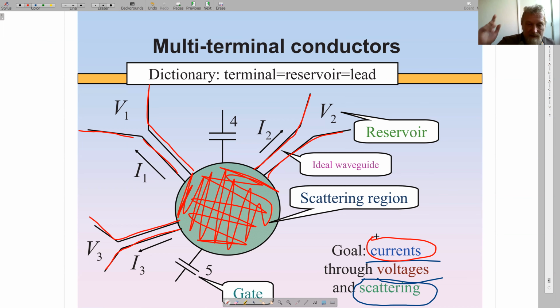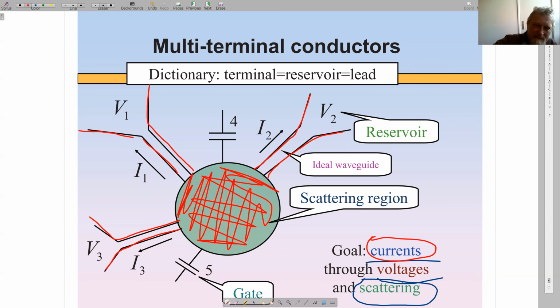I also need to mention a practical case in many nanostructures. Even Leo Kouwenhoven, a famous Dutch scientist, used to say that this is the definition of a nanostructure: something which has gates.